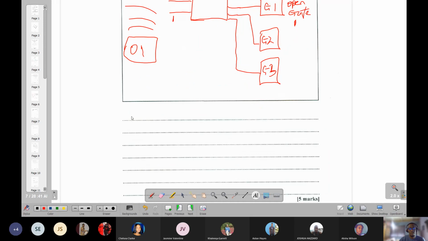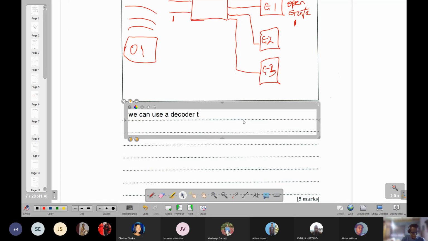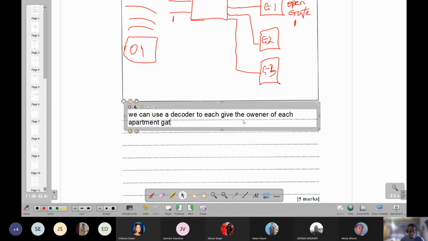So we can use a decoder to give the owner of each apartment gate a switch, right?